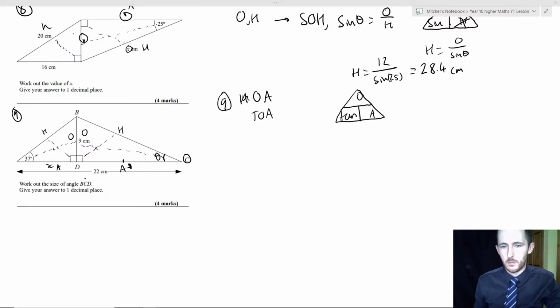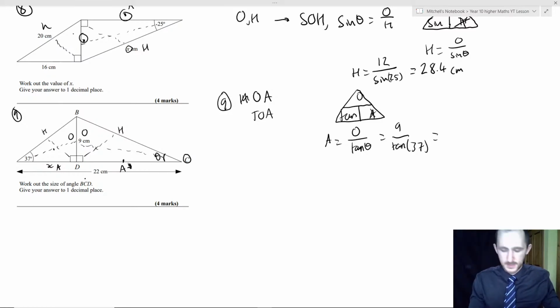Again, we want the adjacent, so cover up the adjacent. So adjacent is equal to the opposite over tan theta. So it equals 9 over tan 37.